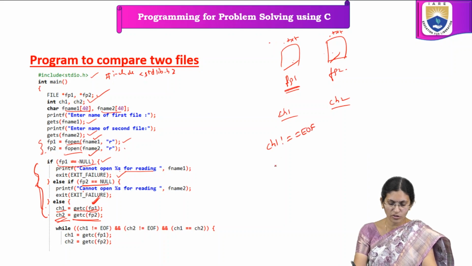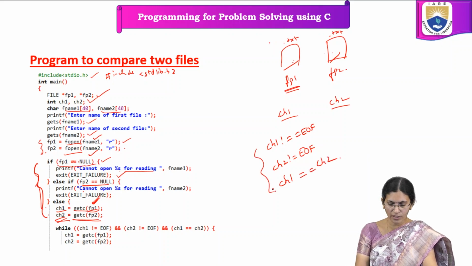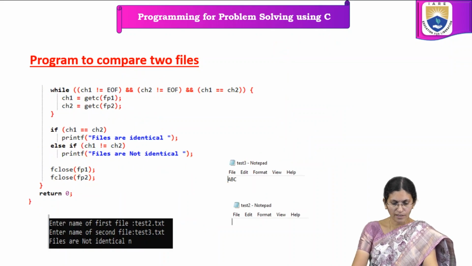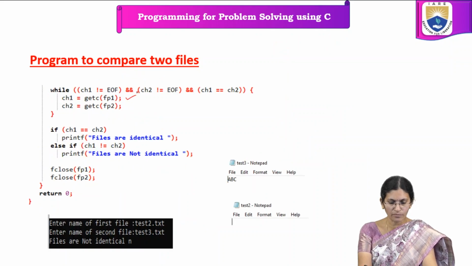The other condition which you need to check is ch2 is not equal to EOF, and the other condition is ch1 is equal to ch2. These are the three conditions to be satisfied, and they are written inside the while loop here. Each time, it will go on retrieving the data.